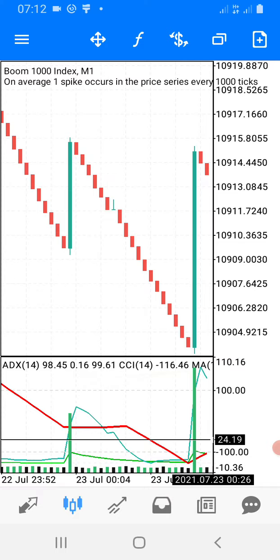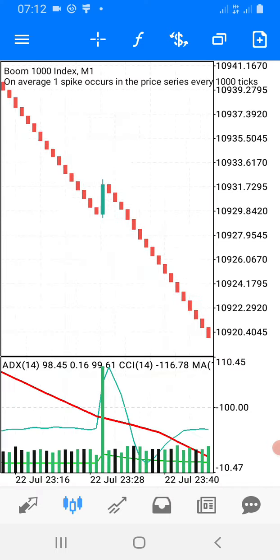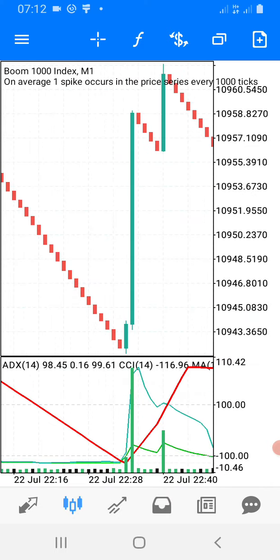It works multiple times, continuously, guys. It crosses below, it spikes. It makes good profits. Catch spikes like a professional.